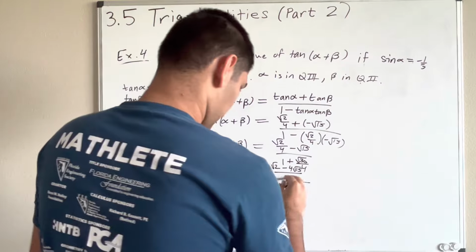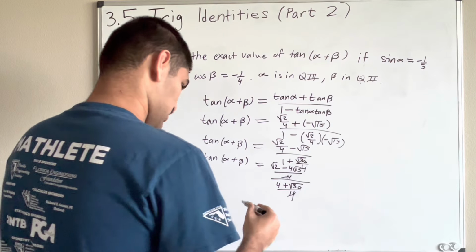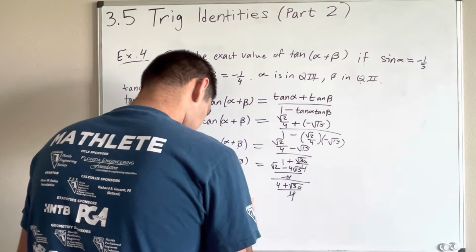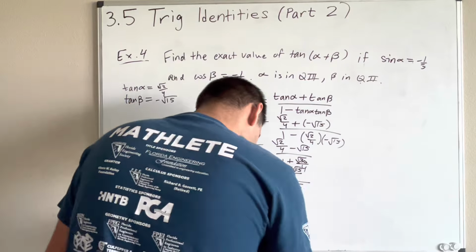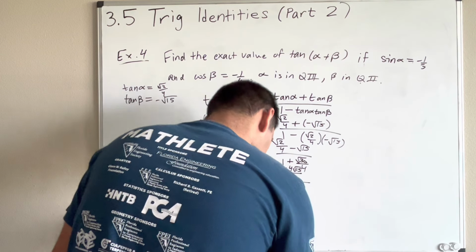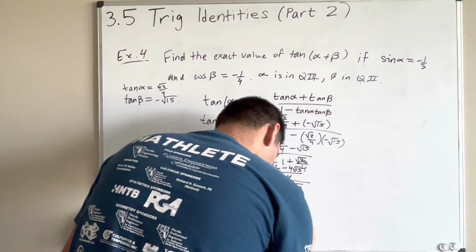Right? And so then the 4's can cancel out. So then you're left with root 2 minus 4 root 15 all over 4 plus square root of 30.